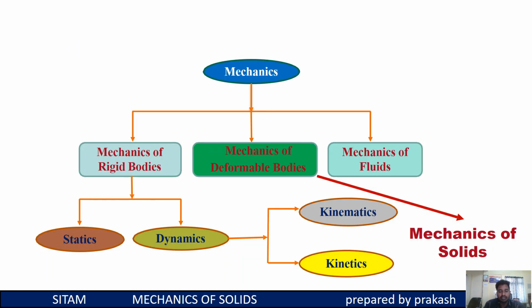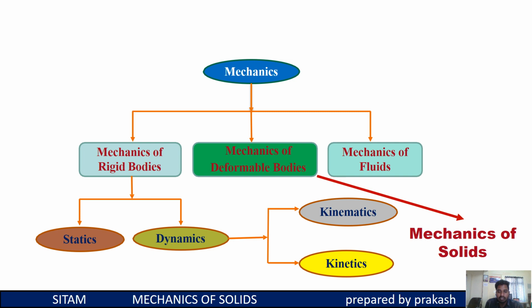Coming to mechanics of solids, mechanics is divided into three types: mechanics of rigid bodies, mechanics of deformable bodies, and mechanics of fluids. Mechanics of rigid bodies is further divided into statics and dynamics, and dynamics is subdivided into kinematics and kinetics. In kinematics we study the bodies in motion without considering the forces.